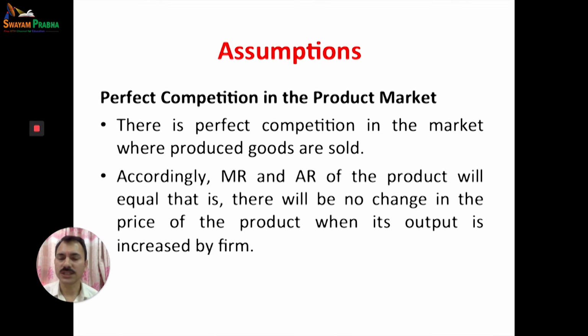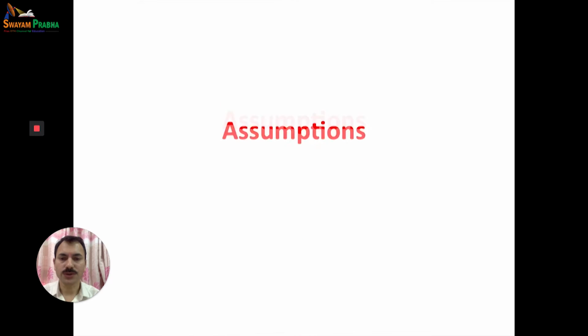You cannot differentiate AR from MR because of the homogeneous product. There will be no change in the price of the product when its output is increased by the firm. The price of output remains the same. The average revenue will be the same, and it will be equal to marginal revenue.